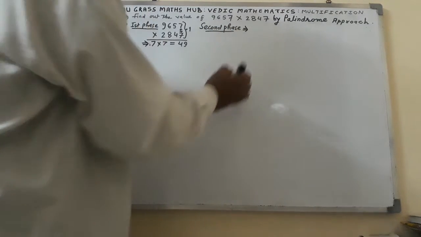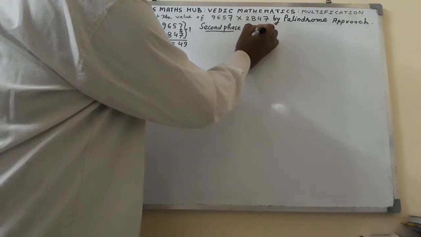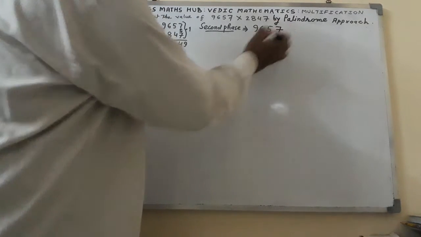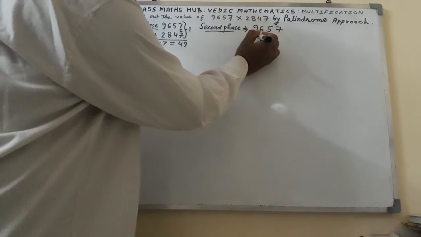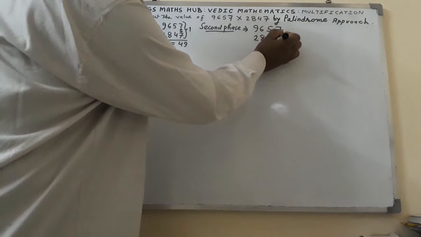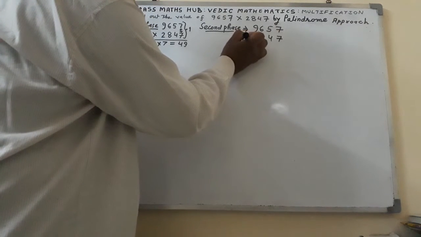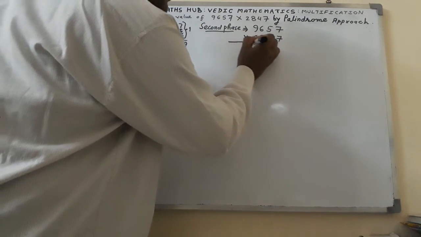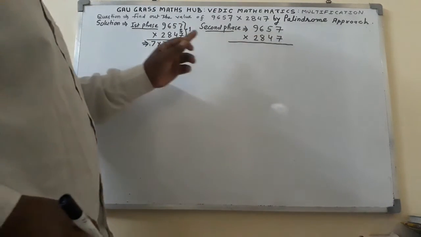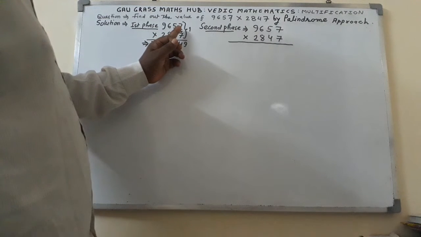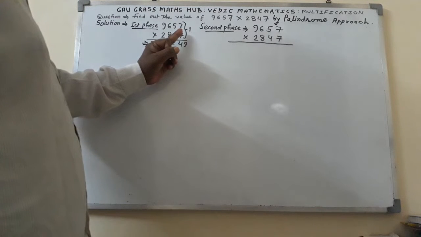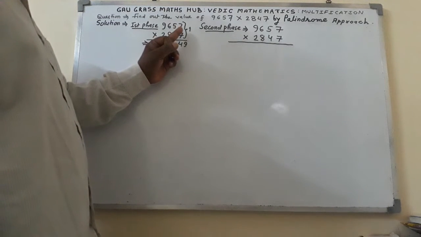Second phase implied that 9657 is multiplied by 2847. In the second phase, this symbol I have made. This is a horizontal line headed on both sides.